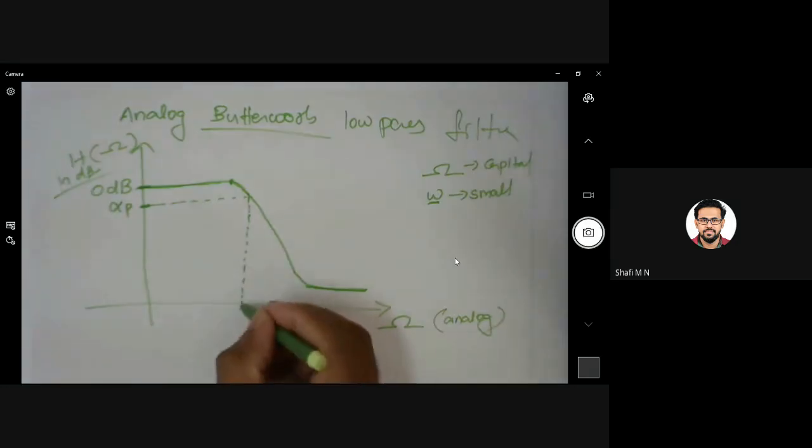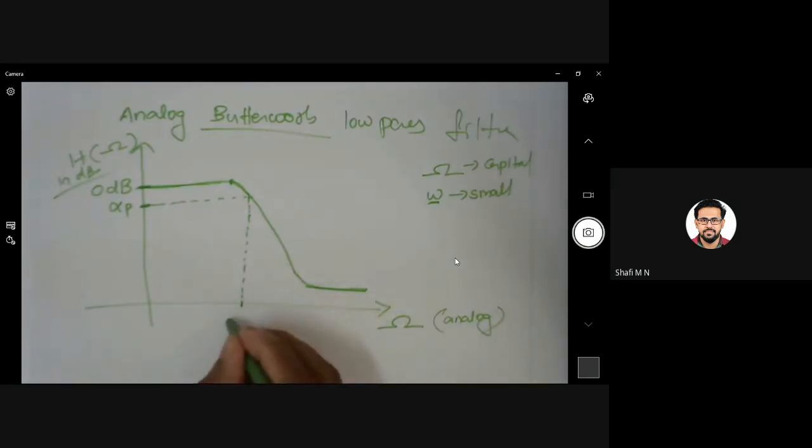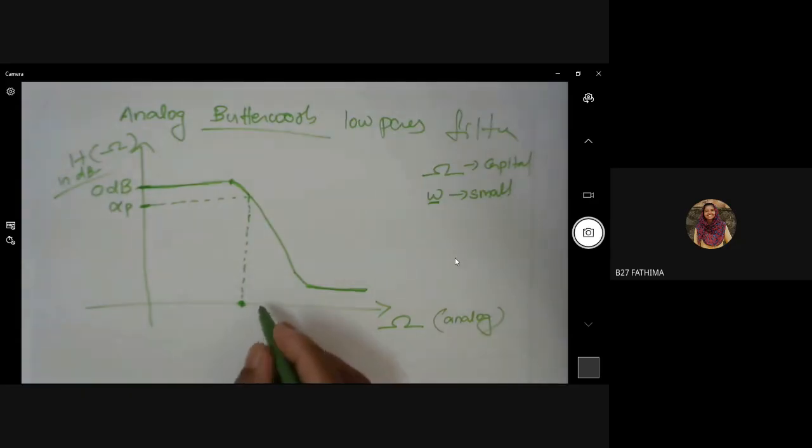So what will be this point? Can you name it? FP, pass band edge frequency, right?